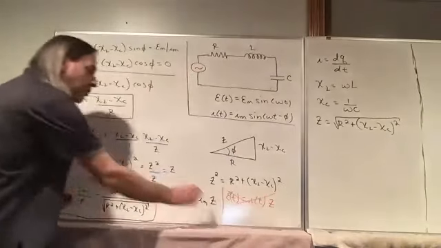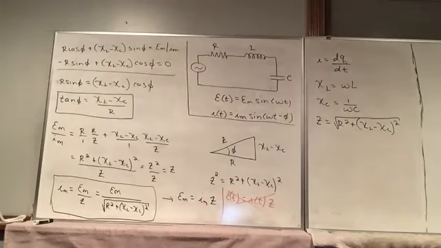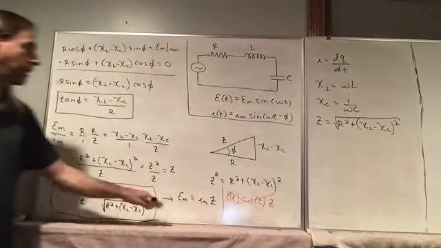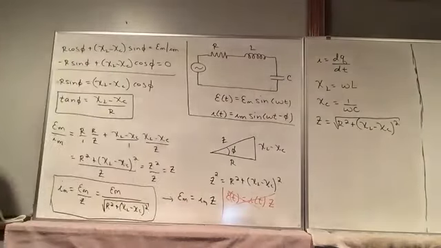It only applies to peak values or RMS values, because we can divide both sides by the square root of 2 to get the RMS values. So in a sense, it does act like Ohm's law, but only when we're talking about averages or peak values.